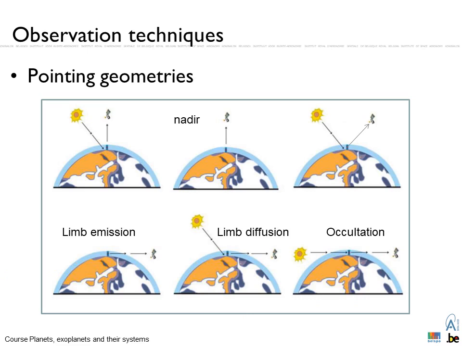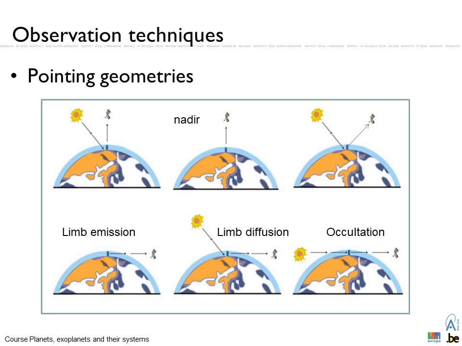The second part of this course will briefly describe observational techniques used by space instrumentation. Nadir observations correspond to instruments looking down to the surface of the planet, either during the day, where you have a contribution from the sun being reflected on the surface, or during the night, or what we call off-nadir observations.